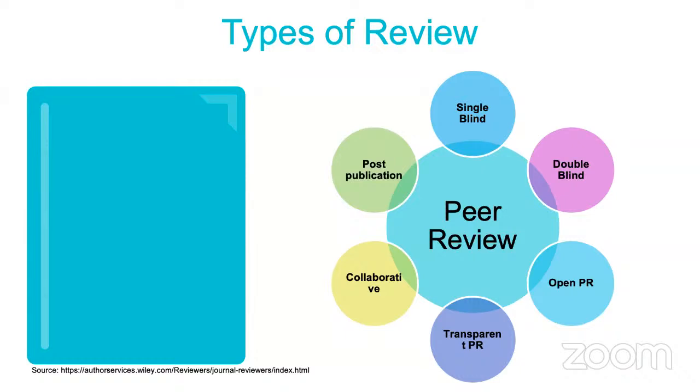And post publication means after the article gets published, the people, even the readers as well as peer reviewers, review the article, and discuss what exactly is happening regarding this particular article. That is also something very different, I feel. But these types are not common. Okay, mostly double blind peer review is common.